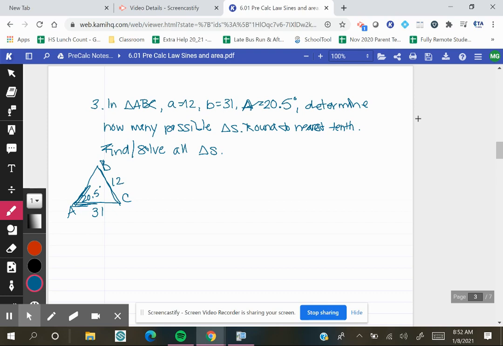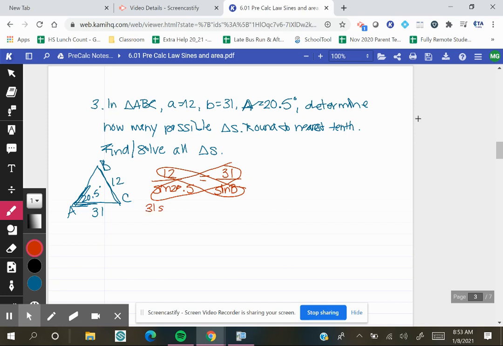So again, we're trying to solve all the triangles, so let's just start by doing what we can. We'll take side A over sine of angle A, set that equal to, the only other thing we know is side B, side B over sine of angle B.